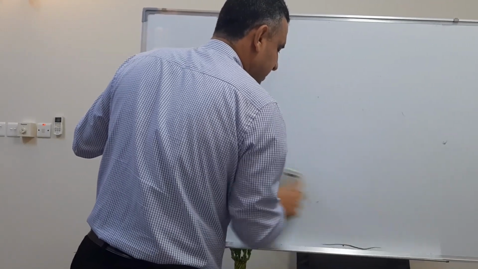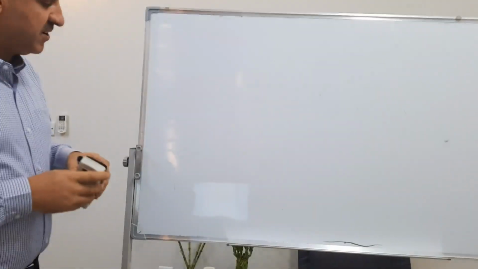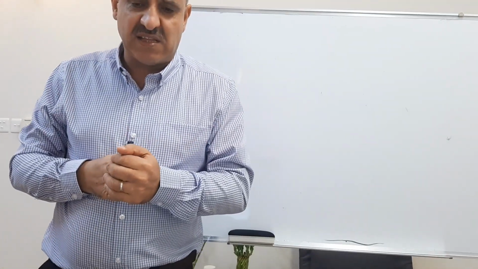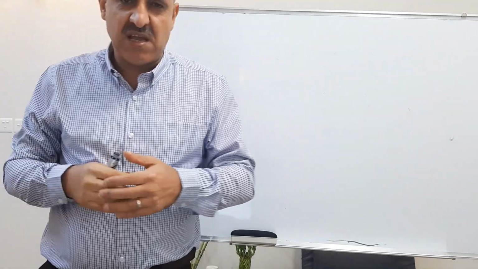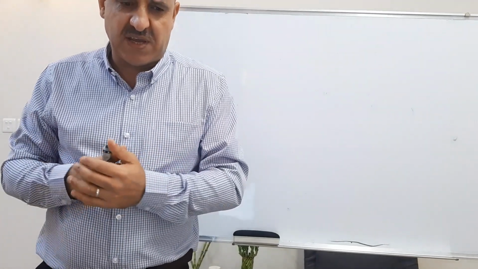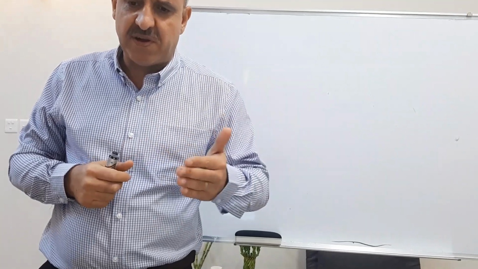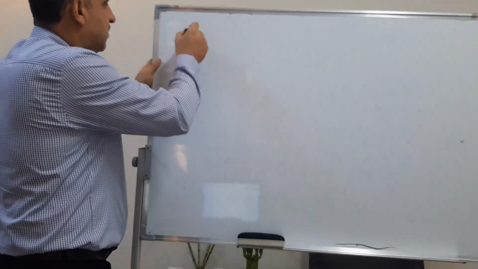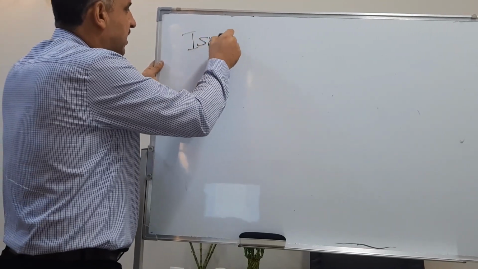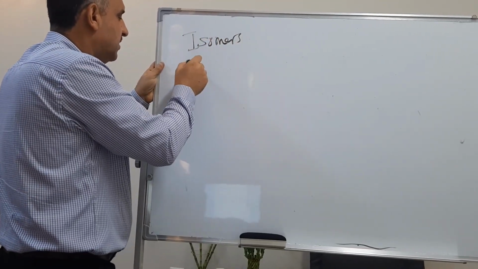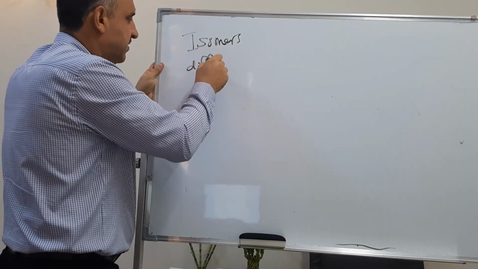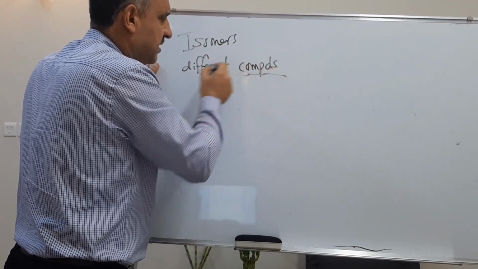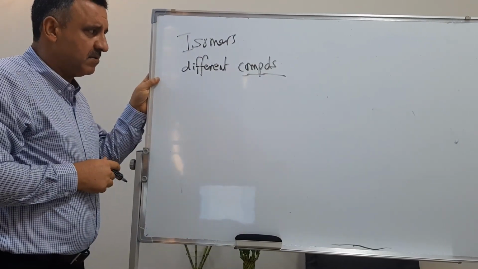Because of this phenomenon, organic chemistry is a very expanded and very broad science. We have a huge number of organic compounds because of a phenomenon called isomers. And isomers, in principle, are different compounds, of course, they should be different. As I said maybe from the beginning, this is an abbreviation for compounds.